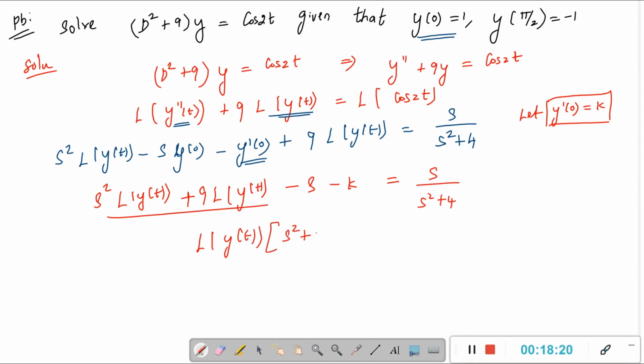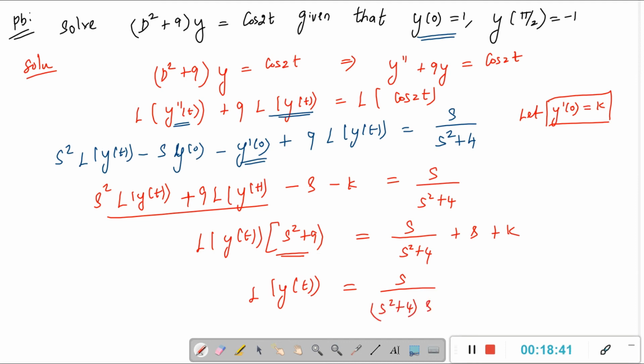So s square plus 9 equal to s by s square plus 4. I have shifted this term to right hand side, plus s plus k. So L of y of t equal to s by, if you divide this term to right hand side, you may get s square plus 4 into s square plus 9 plus s by s square plus 9 plus k by s square plus 9.